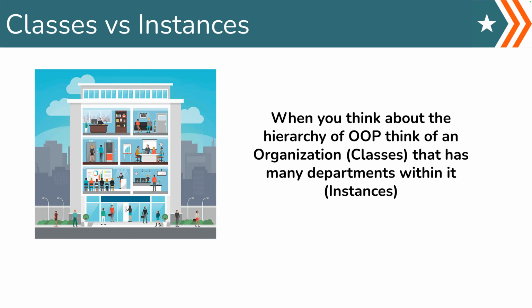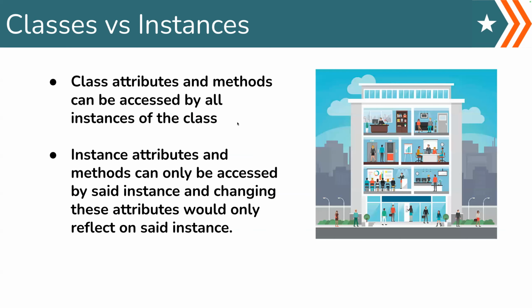We can actually create some attributes that are for the class as a whole, that are not specific to Alice or Bob or Fido or Rover from yesterday with the dogs. So a class attribute or method can be accessed by all instances of the class. While, like we've been seeing yesterday and today, instance attributes like Alice's name or say hello can only be accessed by an individual instance.